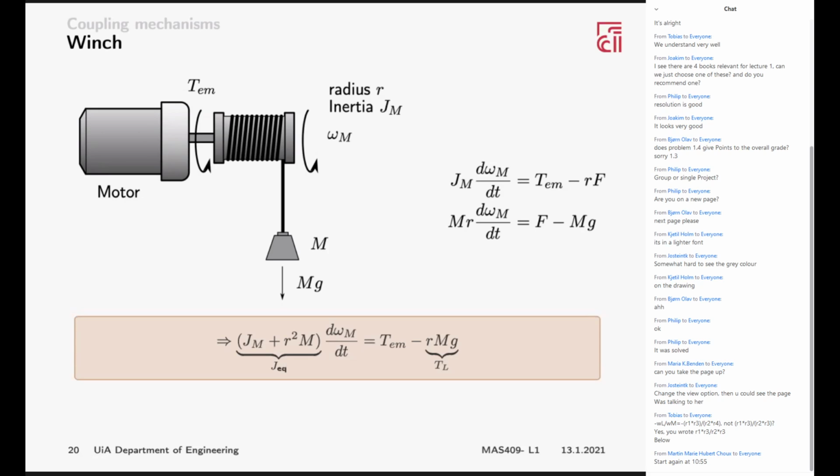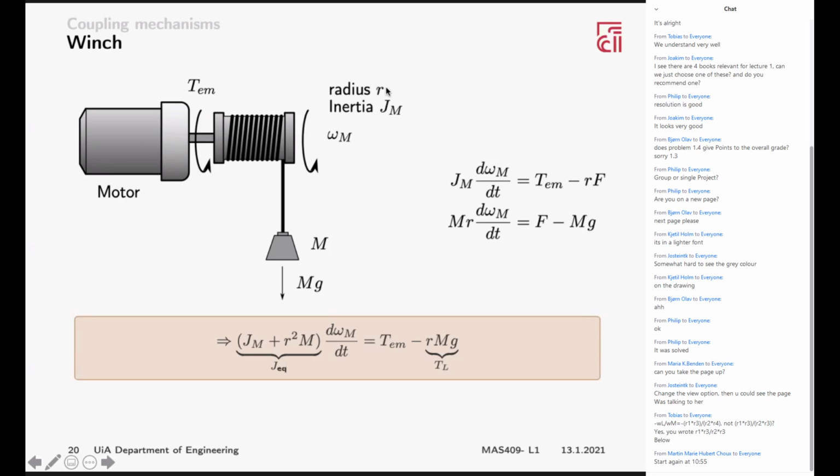So the question in this video is how to simulate, for example, a winch mechanism in Simulink. We will start with the equations. We have a motor which is operating a winch with Tem as a torque.